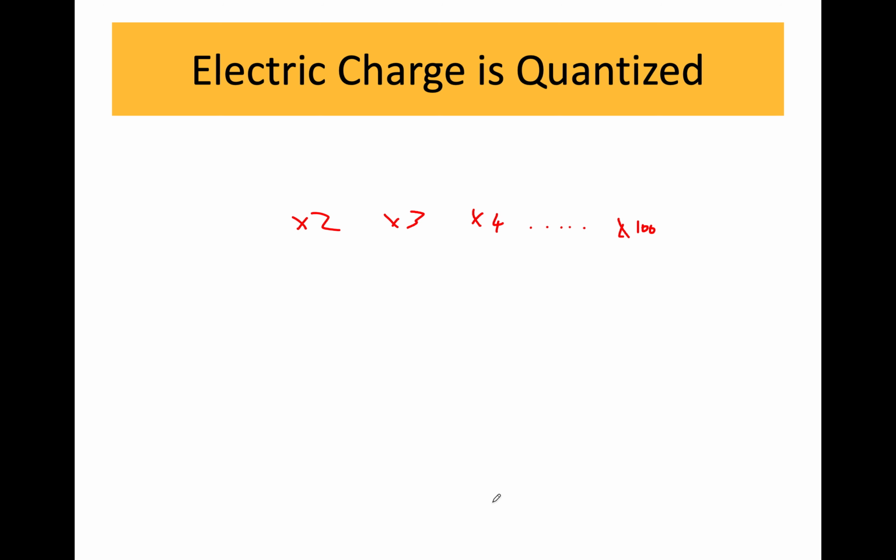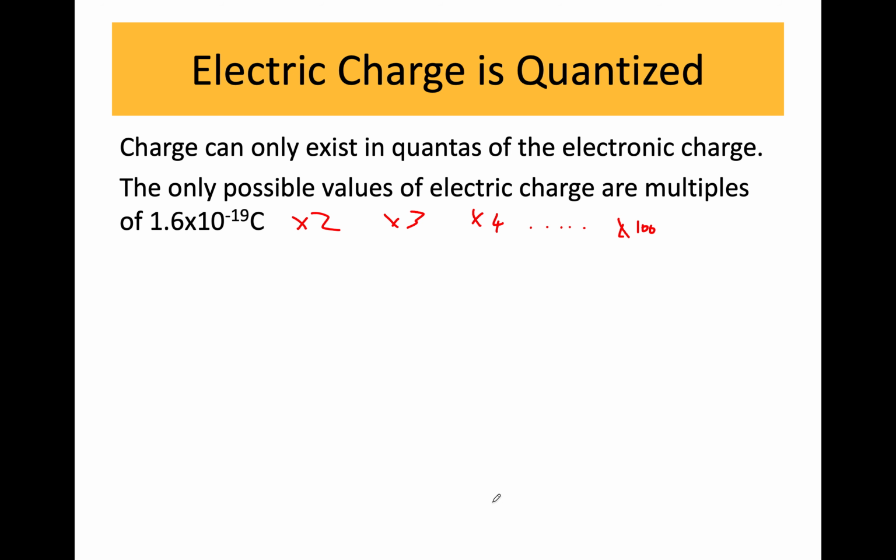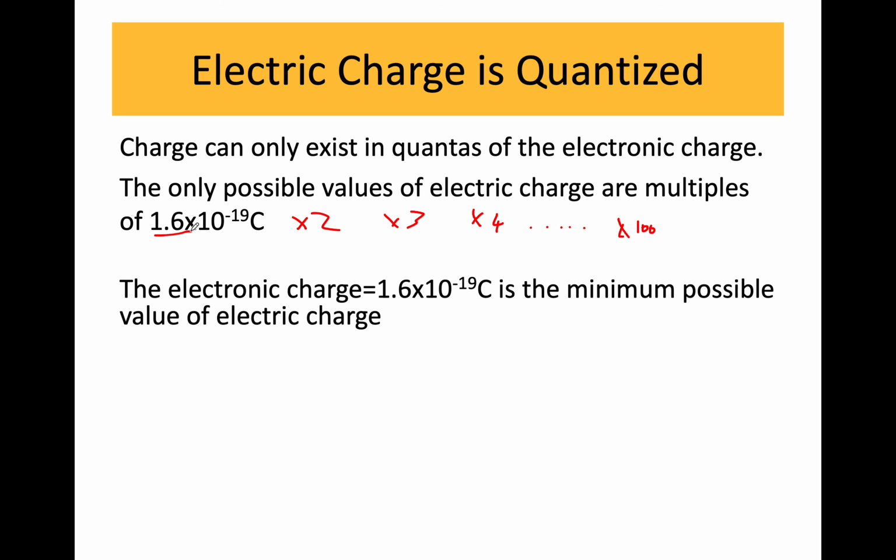Okay, so we did some more practice stuff, and then I discussed electric charge being quantized with you. That means that charge can only exist in multiples of 1.6 times 10 to the minus 19. So you can double it, triple it, quadruple it, times by 100. As long as it is a multiple of this, then we know how many electrons will be in it, because one electron has a charge of 1.6 times 10 to the minus 19.